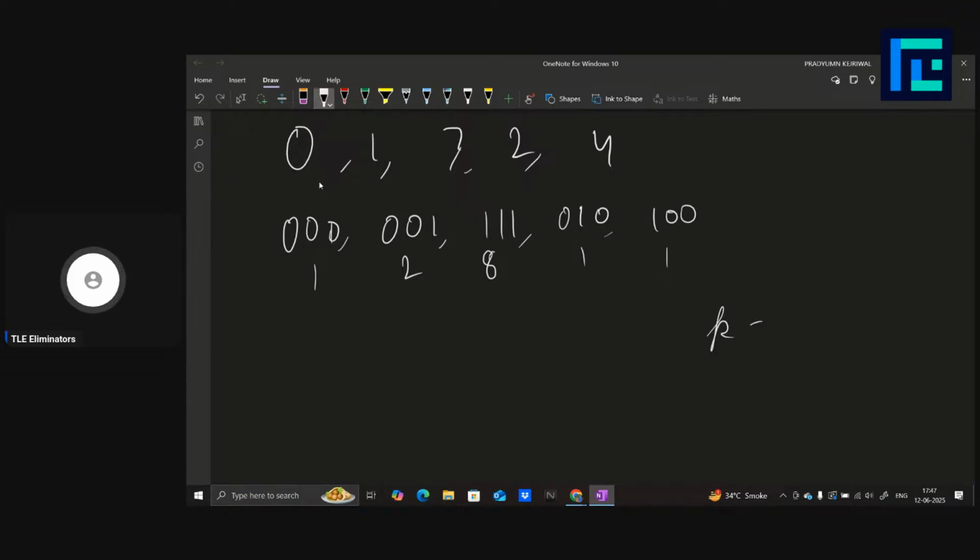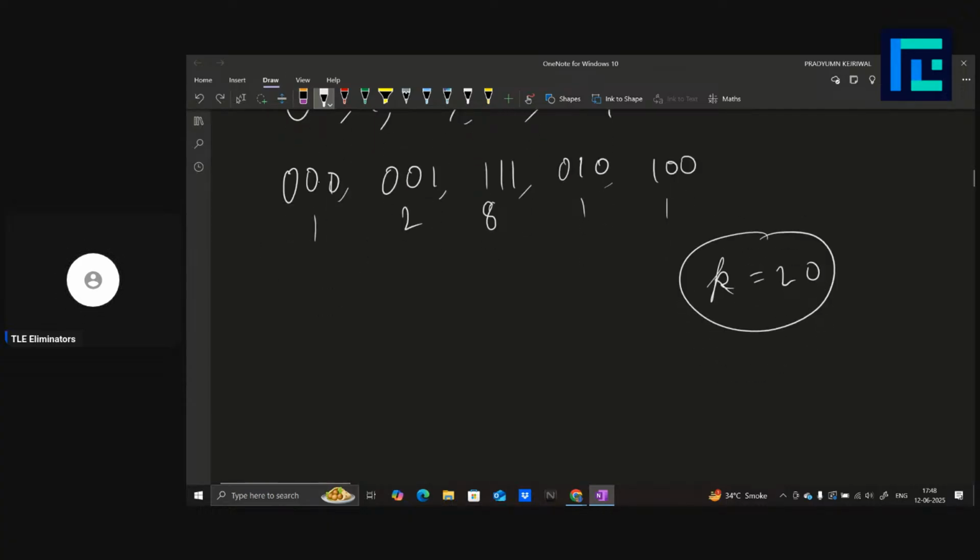And let's say k is equal to 20. Then what will you do? First you will increase this one. If you increase this one, it will become like 001, right? So the array will become like this, and your k will become 19.